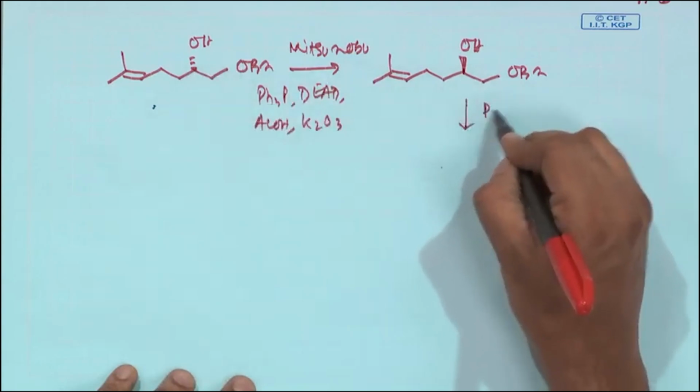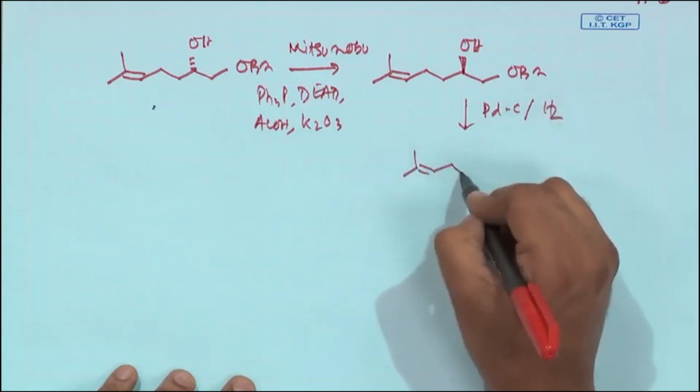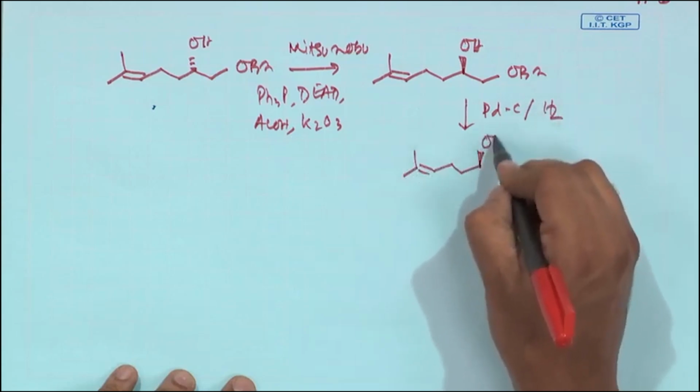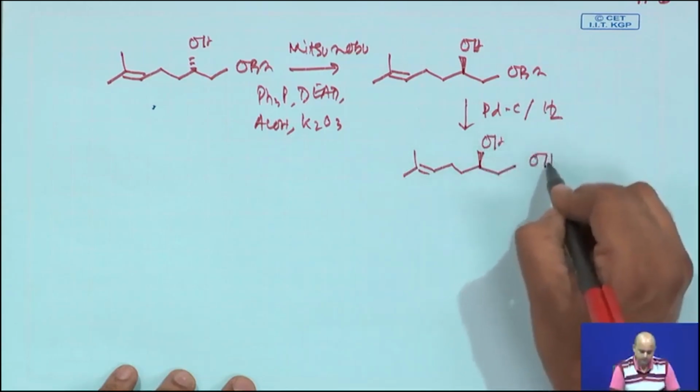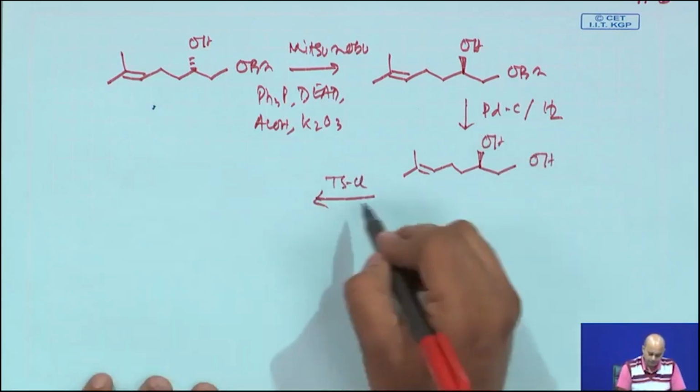Now, the same thing: you do palladium charcoal and hydrogen, you get this OH and this primary alcohol, then you react with 1 equivalent of tosyl chloride.